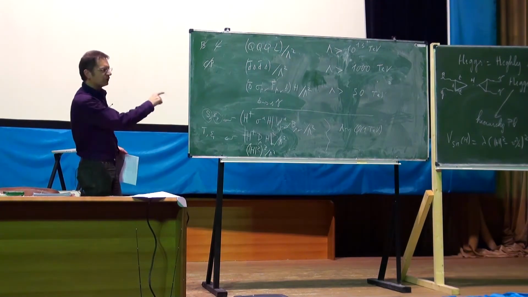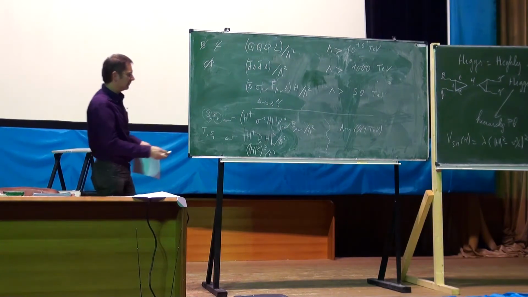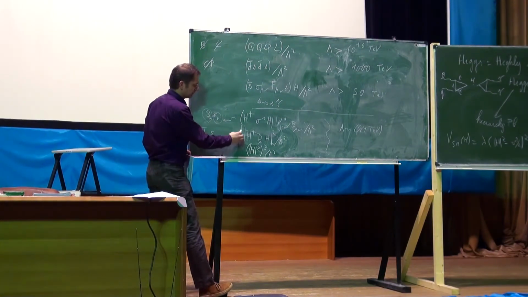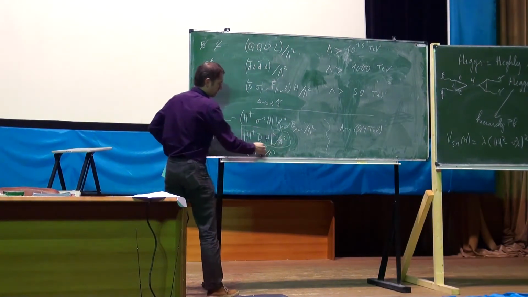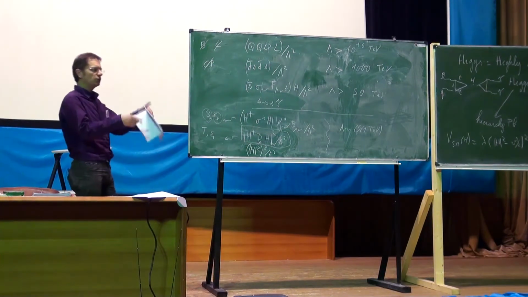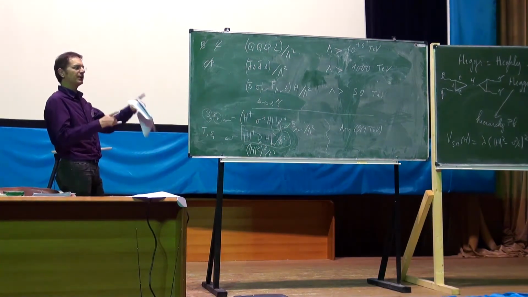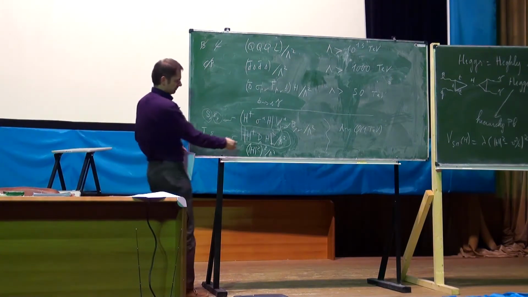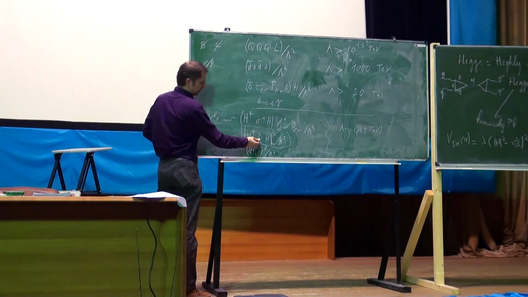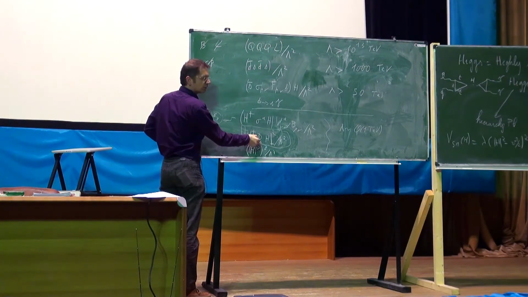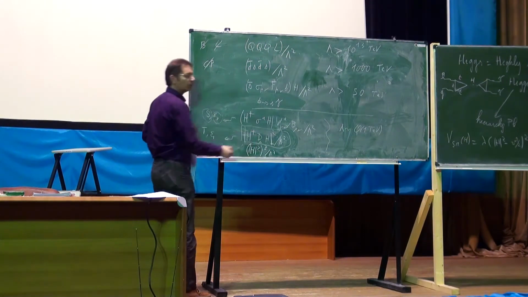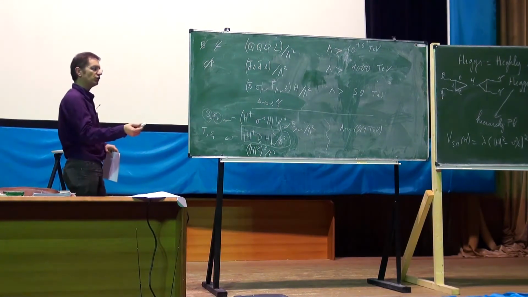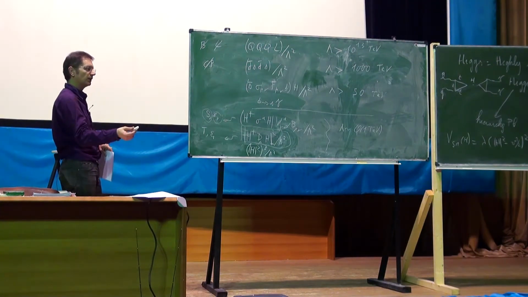I'll describe electroweak precision data in a moment, but basically, if you write this operator in the unitary gauge, the effect of this operator is simply to modify the relation between the Z mass and the W mass. Because if you write exactly what the covariant derivative is, this operator will give an additional contribution to the Z mass that doesn't exist in the standard model.